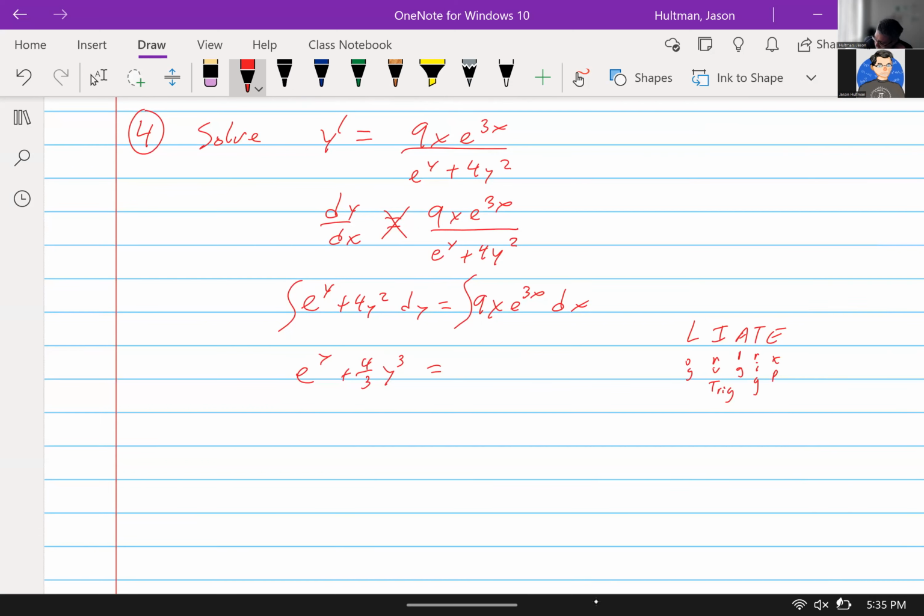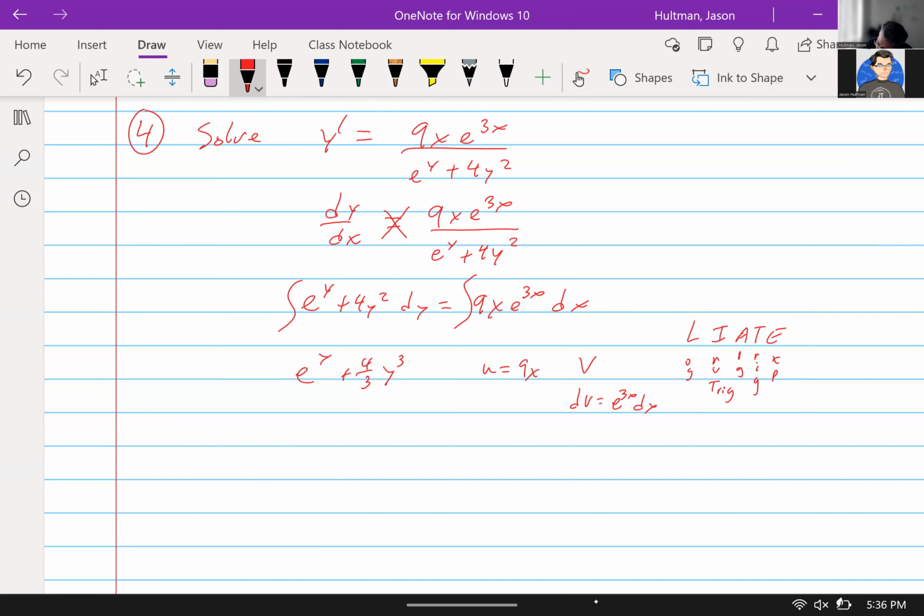Okay, and that's the order for u. So let's kind of take a pause here, and we're going to do u equals. Okay, we have an exponential and algebraic, so I'm going to use the algebraic first for u. Okay, and then dv is going to be e to the 3x dx.